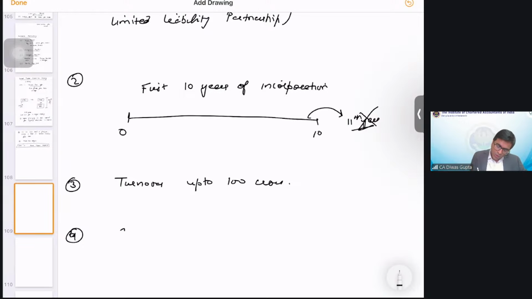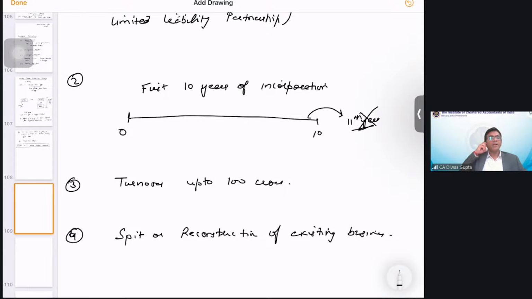Then it should not be formed through split up or reconstruction of an existing business. So, for example, today we discussed Fortune India and Fortune Pharma.